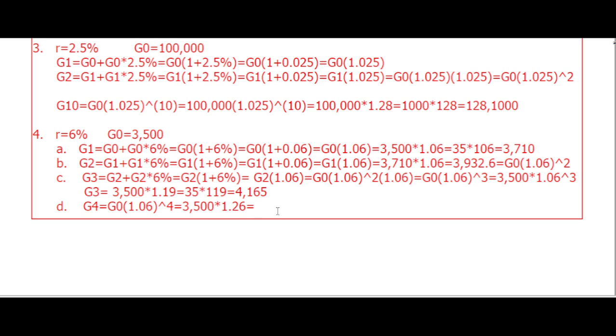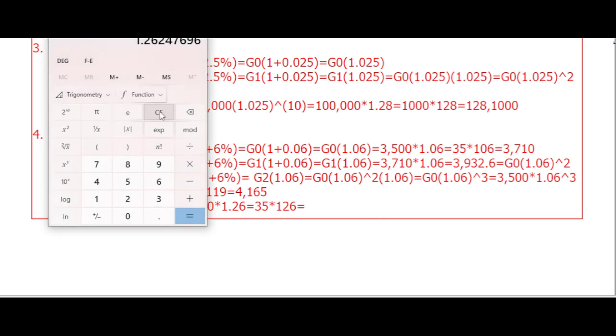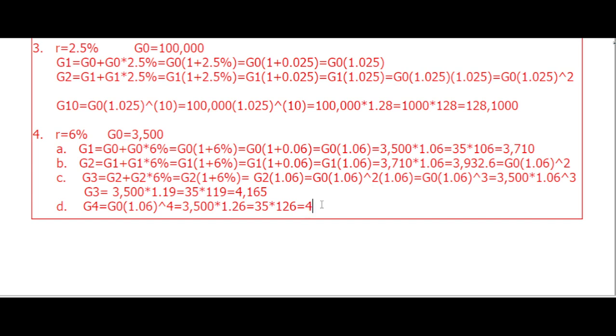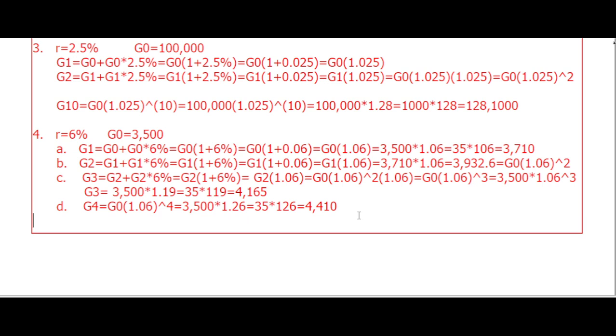Let's omit the two zeros, so we have 35 times 126, which is equal to 4410. This is for G4.